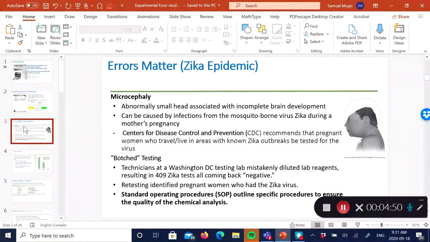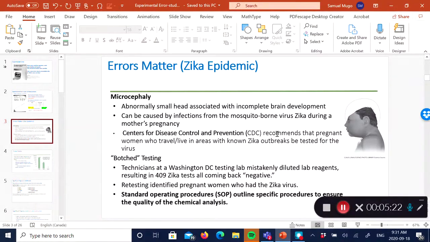Maybe just to emphasize some more, errors matter. You had this very significant case of a botched testing involving the Zika epidemic. And all of us possibly know about the microcephaly, a terrible disease or condition that results from pregnant mothers that have been exposed to the mosquito-borne virus, the Zika virus.